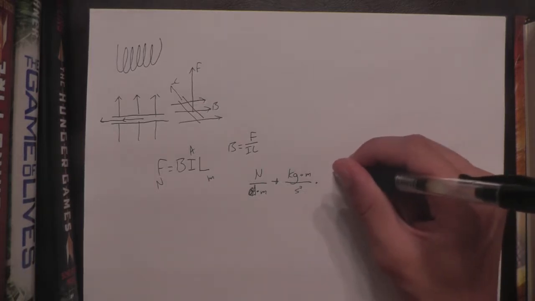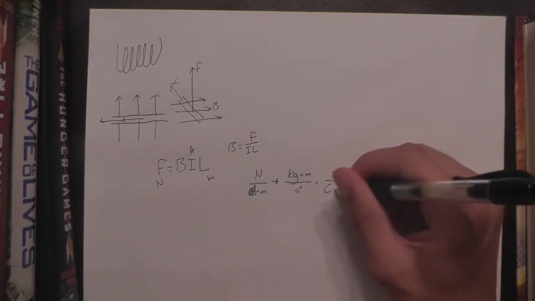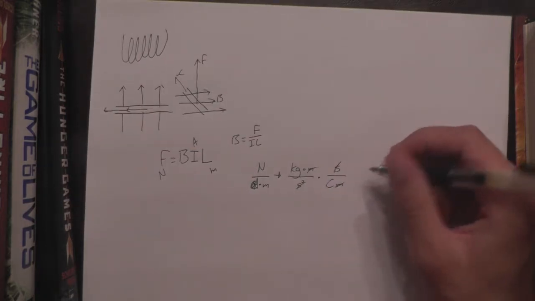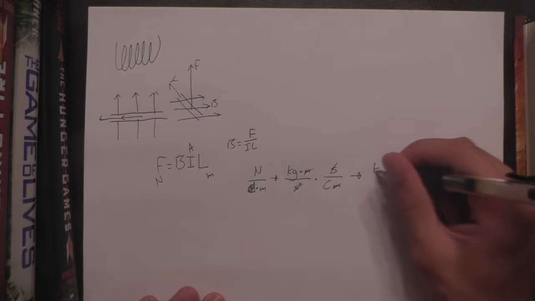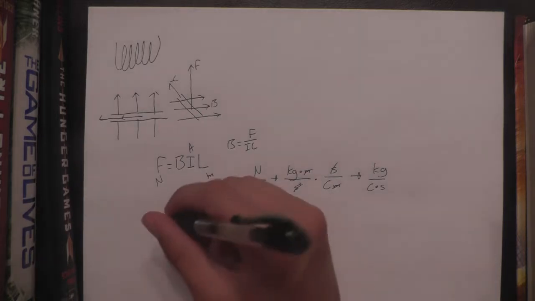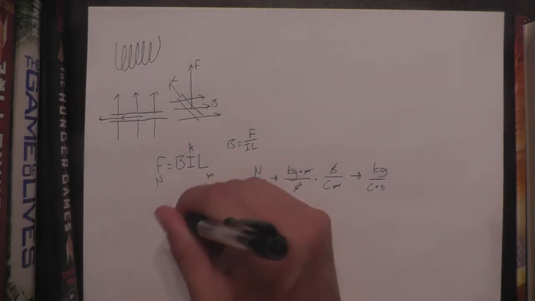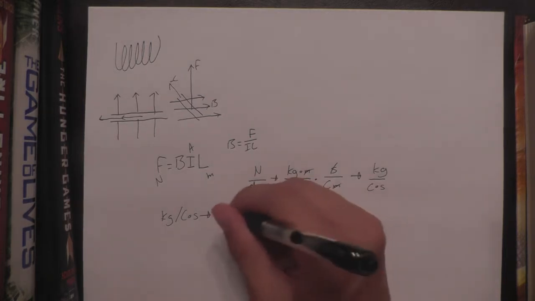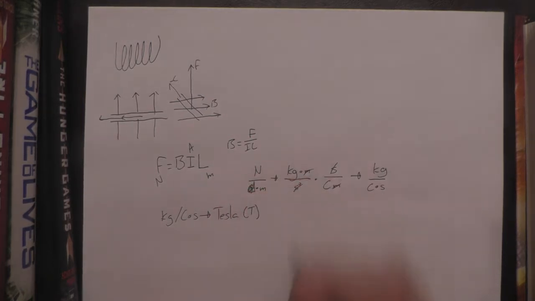We switch around. We get seconds per coulomb meters. 1 second cancels out 1 second here, 1 meter cancels out 1 meter here, and you end up getting kilograms per coulomb second. That's the unit, a kilogram per coulomb second, which is funnily named the Tesla. That's the unit of magnetic flux density, the Tesla.